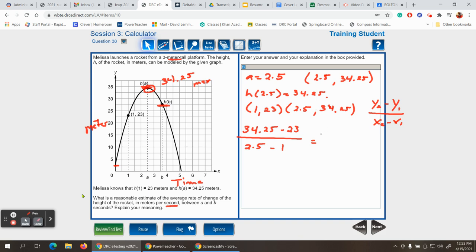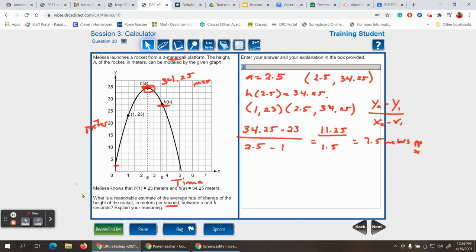And that's going to give me 11.25 over 1.5. I divide that again and I get 7.5. So that's 7.5 meters per second. Okay, sorry, the second didn't really write there.